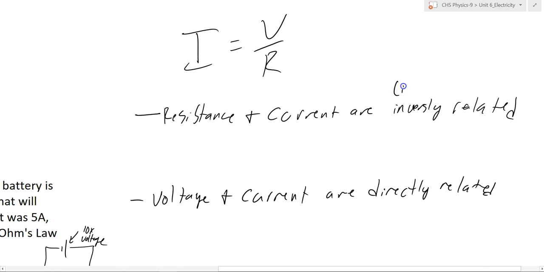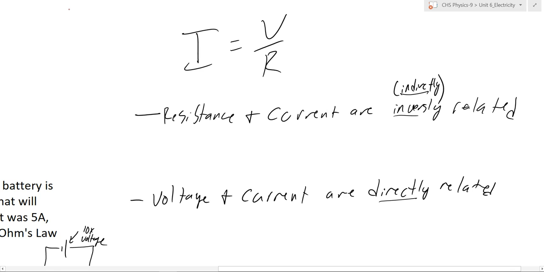I'll sometimes say indirectly, because inversely and indirectly related are the same thing. Sometimes indirectly is used when we're talking about direct relationships because they're opposites, really. Inversely and directly are also opposite. The reason I'm using inversely is you've probably heard that in math class before.